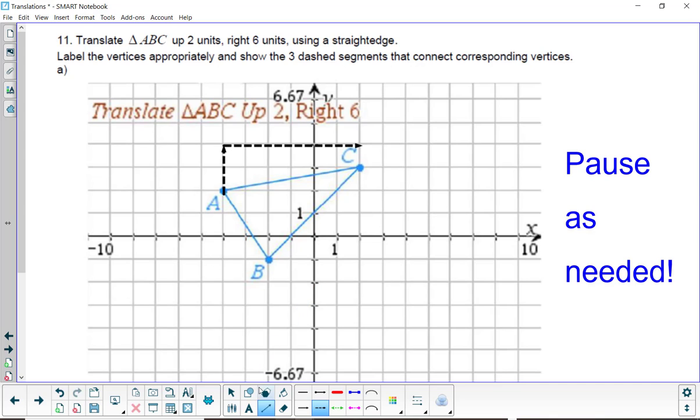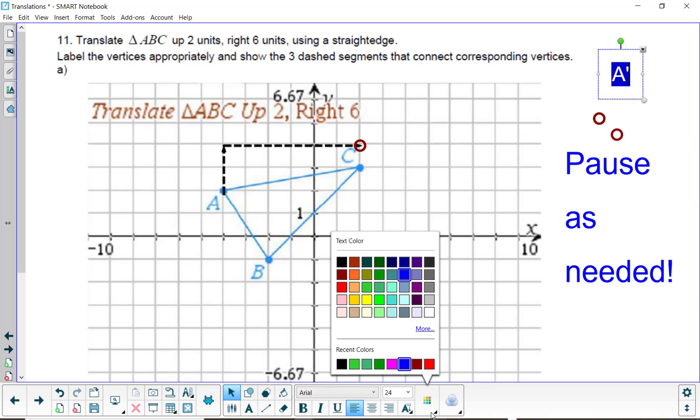So let me go ahead and put that in there. I'm going to bring a point over here, round point right here, and I'll call that point A prime. That's what I mean by appropriately. So type in A prime. Should probably change that to a brown color so that it matches.